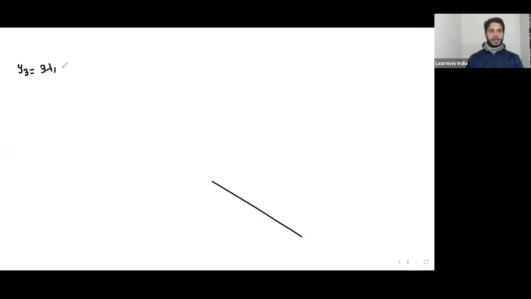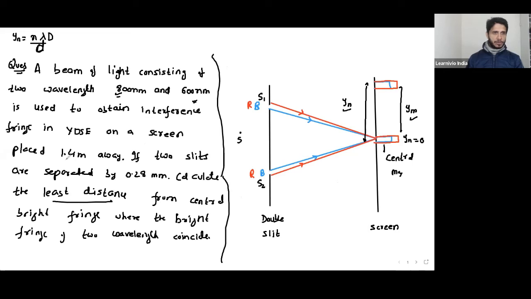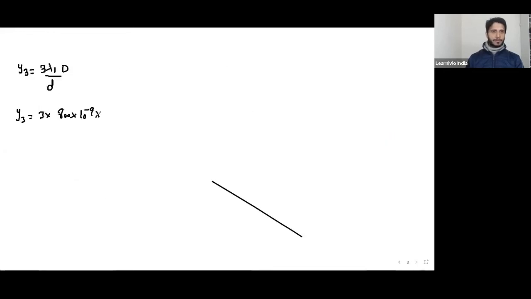Let's just substitute the values. 3 lambda 1 is 800 into 10 raised to the power minus 9, multiplied by capital D. Capital D is 1.4 and small d is 0.28 into 10 raised to the power minus 3.